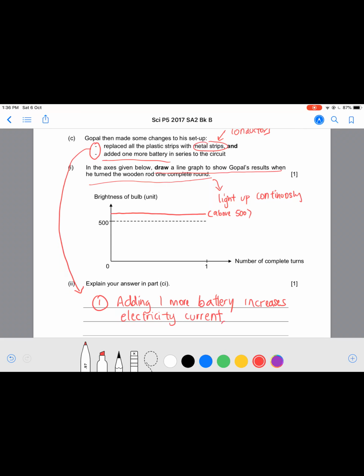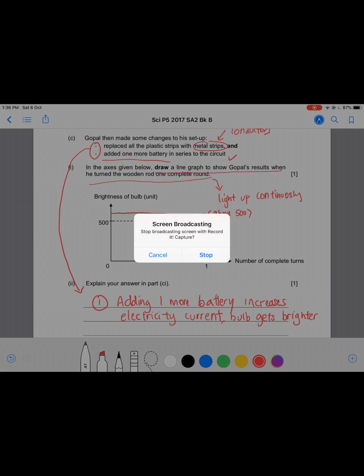And when it increases electricity current, what is the result? Bulb gets brighter. So that's the result. So you have talked about the battery already. Alright, so hold on.